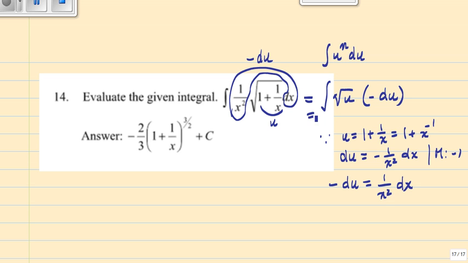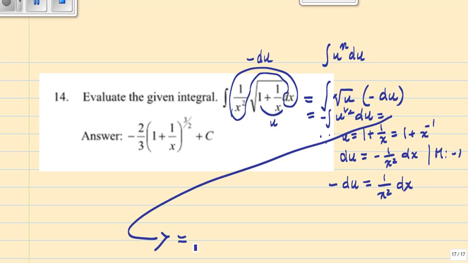And that gives you integral minus u to the 1/2 du, which is equal to minus u to the power of 1/2 plus 1 is 3/2 divided by 3/2 multiplied by 2/3, and then plus c, which is equal to minus 2 over 3. U was equal to 1 plus 1 over x, 1 plus 1 over x to the power of 3/2, and then plus c.